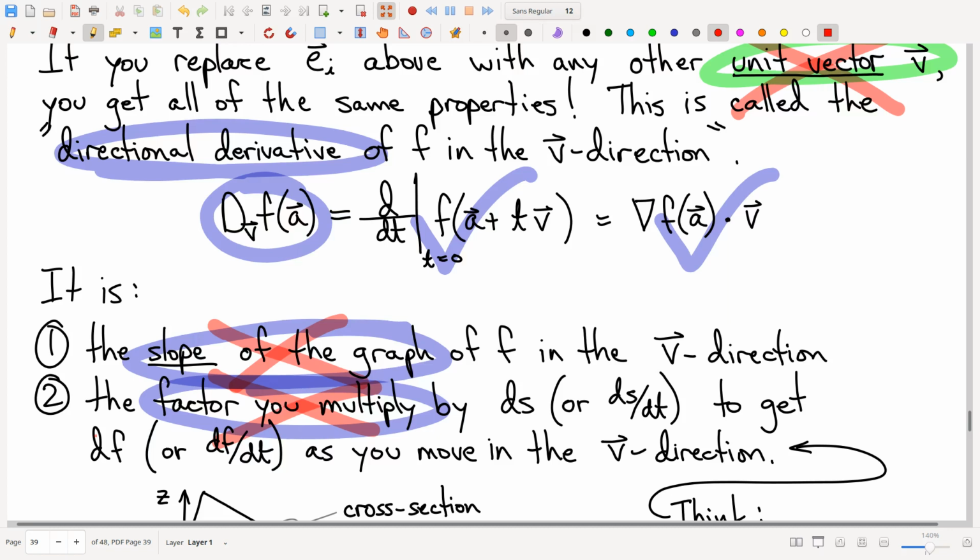But that said, very importantly, in Math219, we do require that the vector be a unit vector. The word directional derivative only makes sense if the vector in question is a unit vector, and as such, we get all of these interpretations as we've previously discussed.